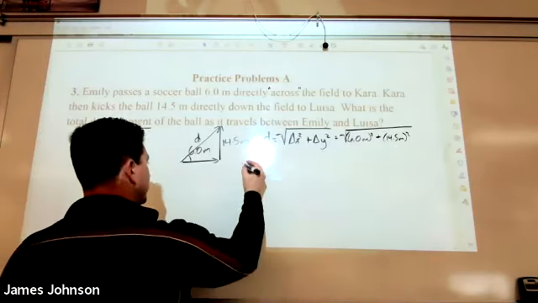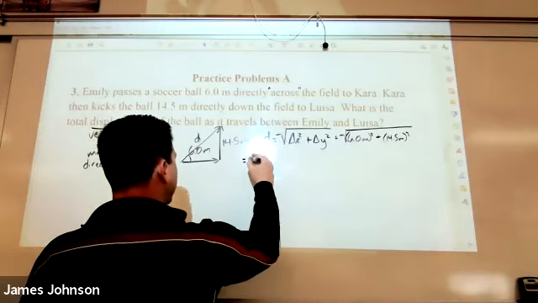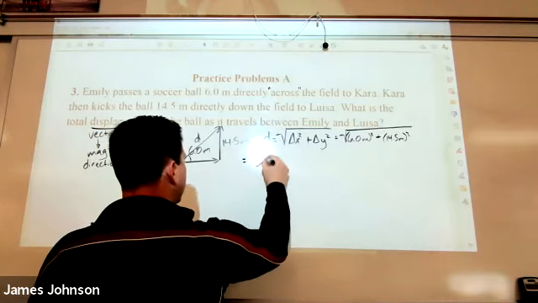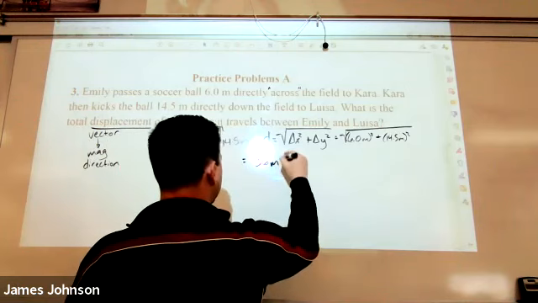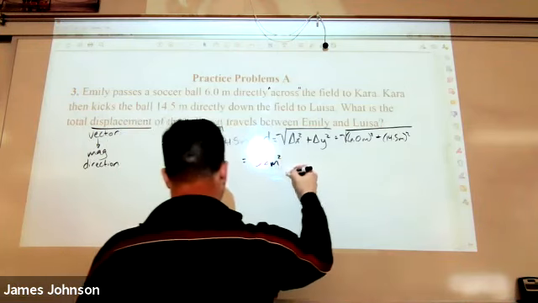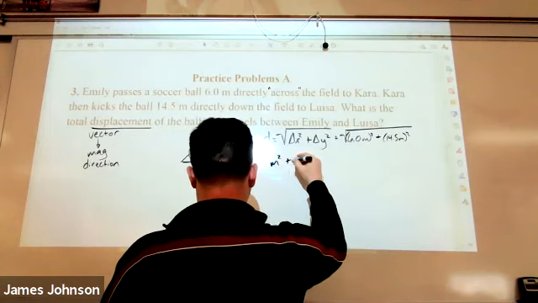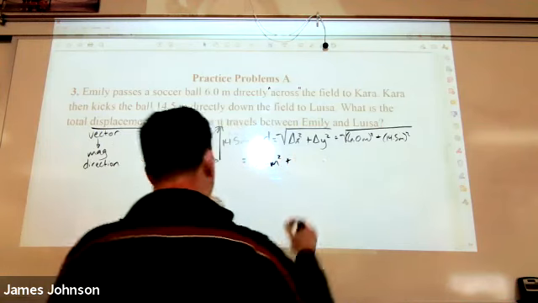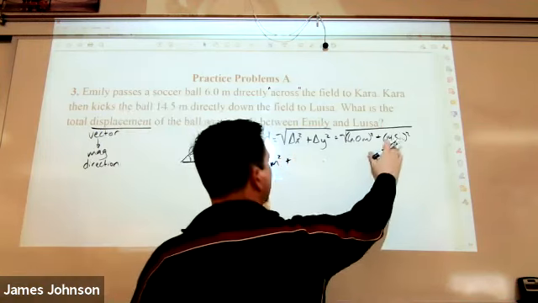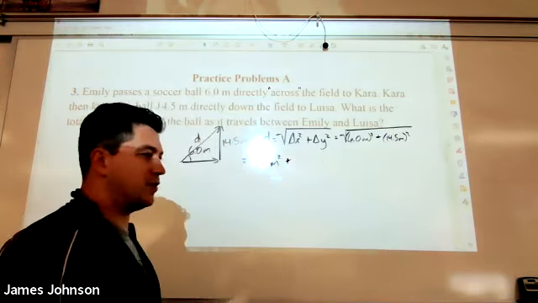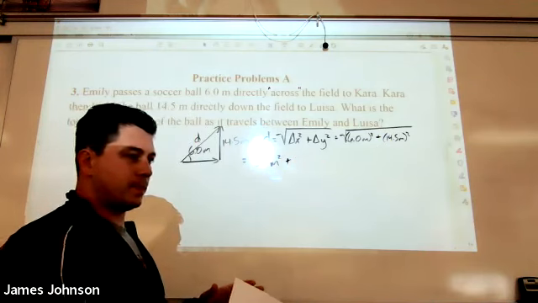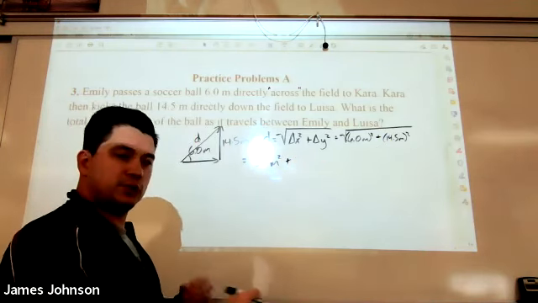Now, I'll actually square some numbers here. So I'll have 36. I'm going to stick with 2 sig figs here. 36 meters squared plus, and then we're going to have a little bit of a tricky time here, because if I were to square this number and represent all of the significant digits, I would use too many significant figures.